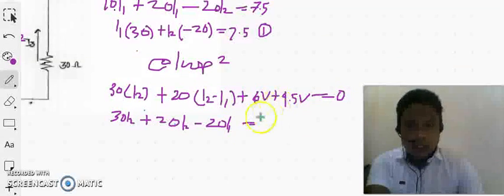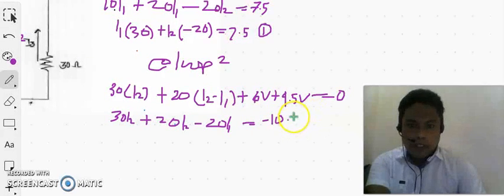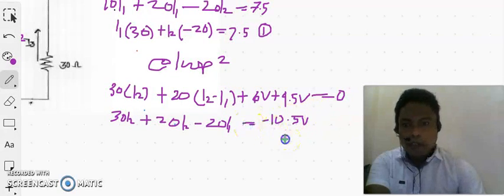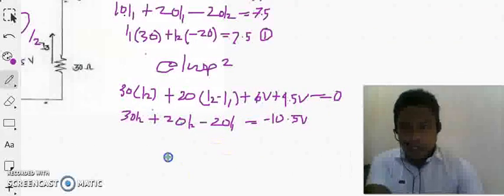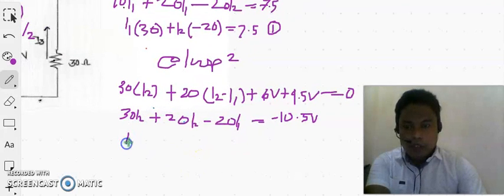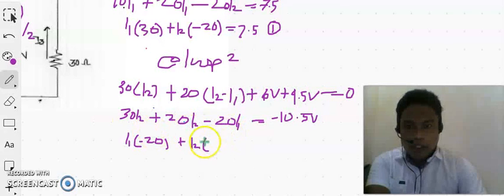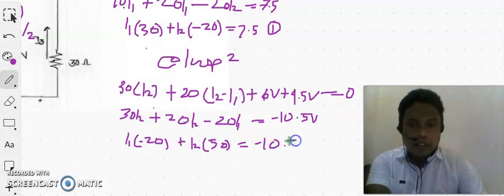Transposing to the left side, we have negative 10.5 volts. Arranging the equation for I1, we have negative 20, plus I2 we have 30 plus 20, which is 50, is equal to negative 10.5 volts. So this is now our equation number 2.